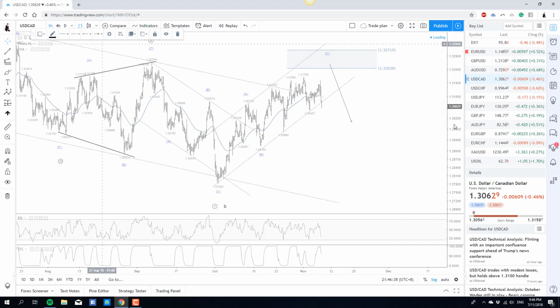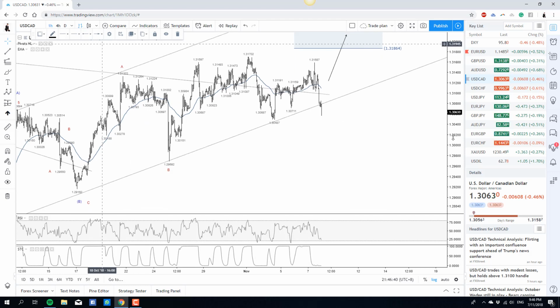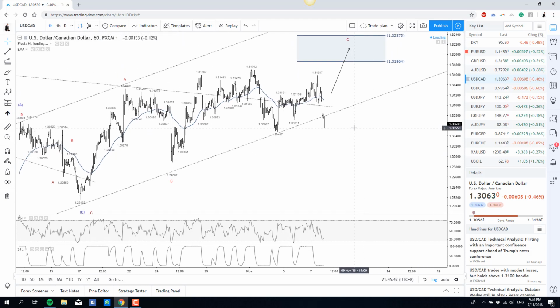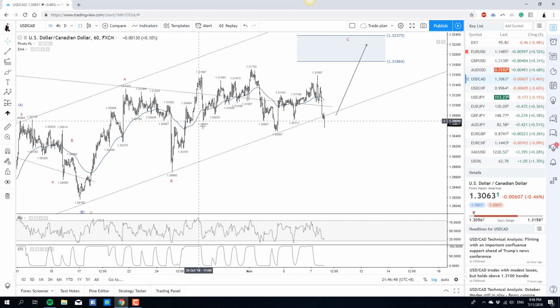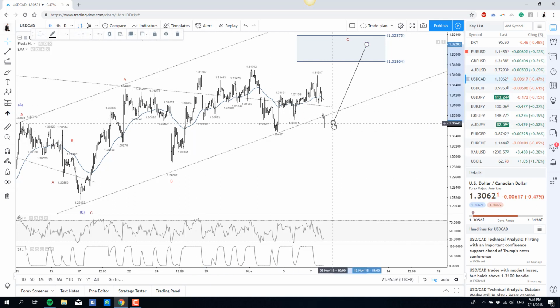If I go down to the hourly, you can see that this whole structure still remains intact, so a push up cannot be denied, because over here we have a strong move, and right now this whole sideways move is still corrective. Which means we want to be patient trading this particular pair, the dollar CAD.